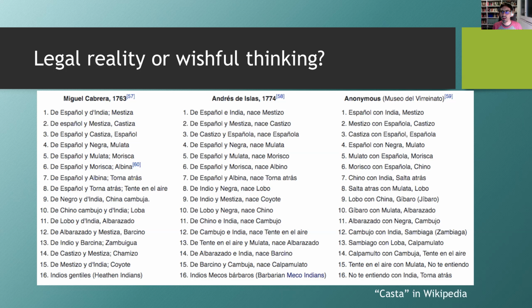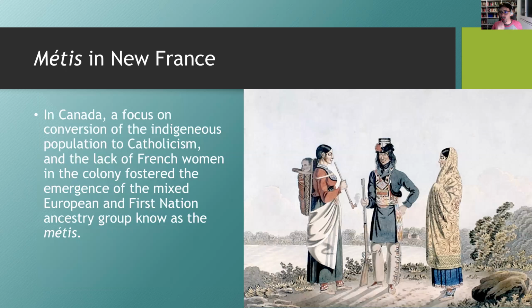Okay, so was the process of mestizaje or miscegenation unique to Spanish America? Well, no. French America also had this phenomenon. In Canada, a focus on conversion of the indigenous population to Catholicism, and of course the lack of French women in the colony vis-a-vis men, fostered the emergence of mixed European and First Nation ancestry groups.